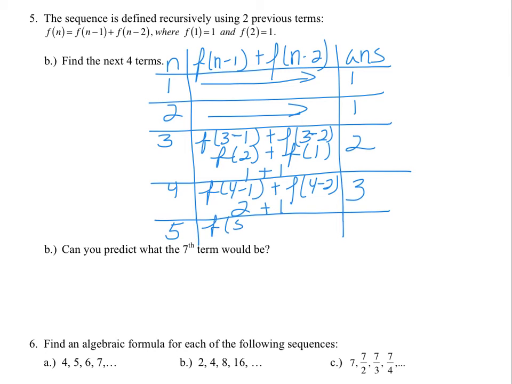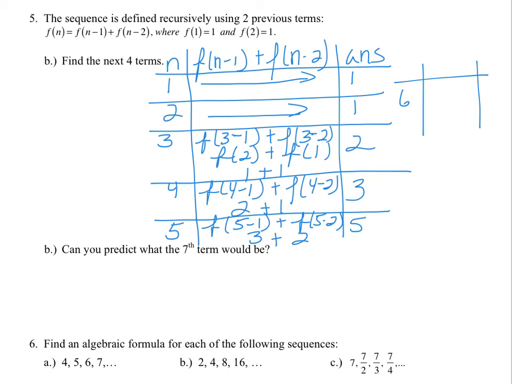So f of 5 minus 1 plus f of 5 minus 2. So it would be f of 4, which is 3, plus f of 3, which is 2, so that comes out to be 5. All right, let's do f of 6.